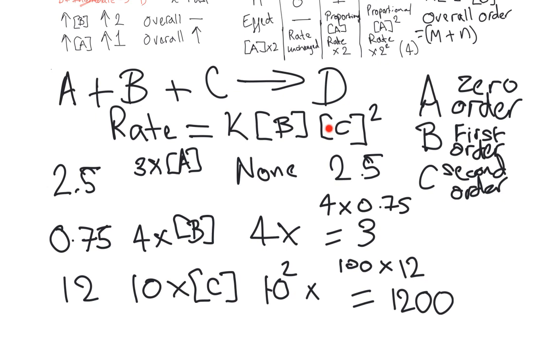So if that was 10 times bigger, that was 10 squared times bigger, so the whole thing would be 100 times bigger. So if you had 2 things, so if this increased by 2, this increased by 2, well, you'd have 2 times bigger because of this, and then once you made it 2 times bigger, then handle C. Okay, so if C's increased by 2, 2 squared is 4.